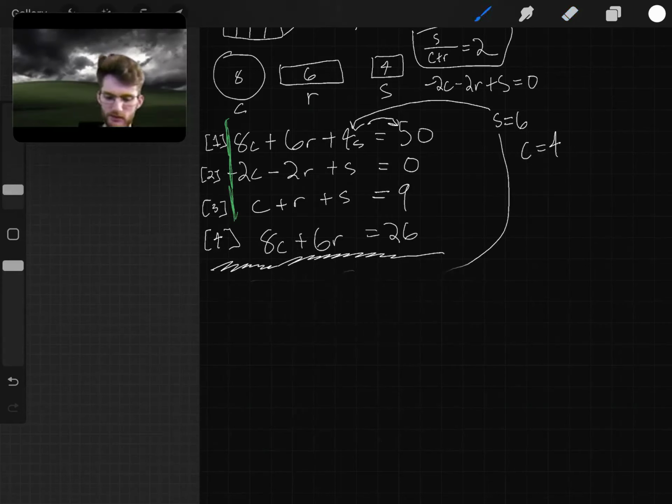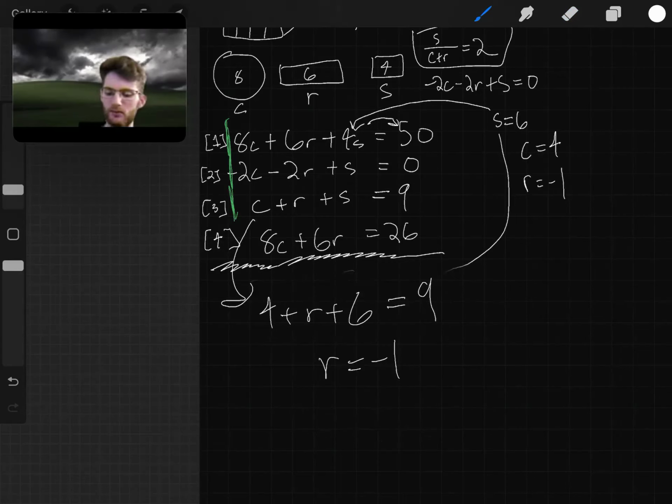So C is equal to 4 plus R plus S is equal to 6, and this all equals 9. Now, if you solve this, then you get R equals -1, which you may realize, what on earth does -1 rectangle tables mean? Doesn't make sense to this problem.